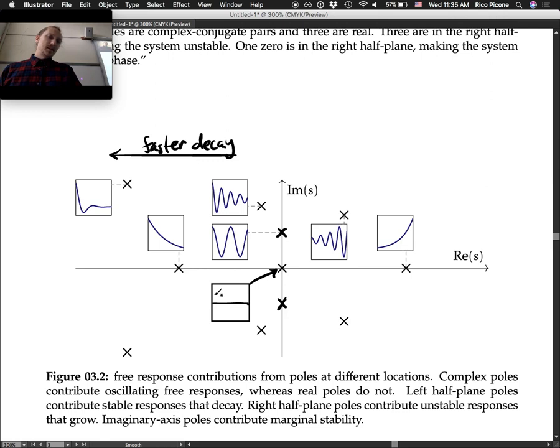So what happens is that if you start off at an initial condition, it will stay at that initial condition. It won't decay, it won't grow, it'll just stay at a flat line that's non-zero. It's not going to go back to equilibrium. It's not going to go off to infinity. It's not going to oscillate either because it doesn't have any imaginary part. It's just flat. It just hangs out there. Wherever you put it initially, it stays.